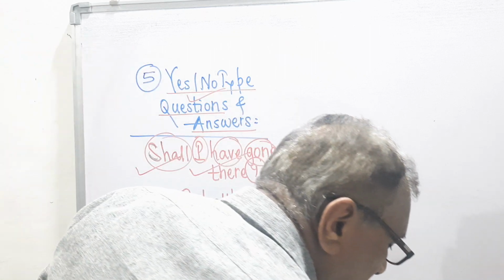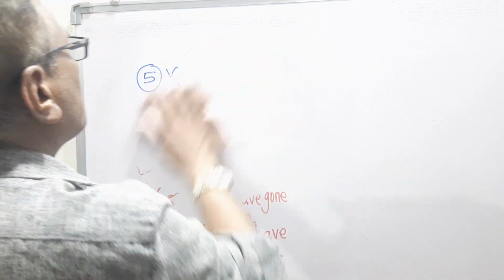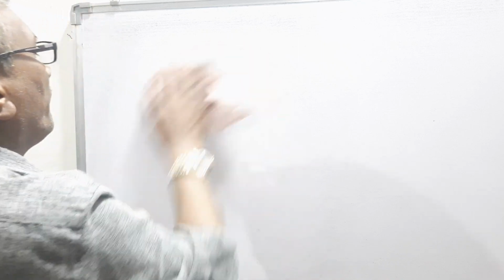So remember here, we are discussing the future perfect tense. And this future perfect tense always tells the actions which will have been completed in future times.